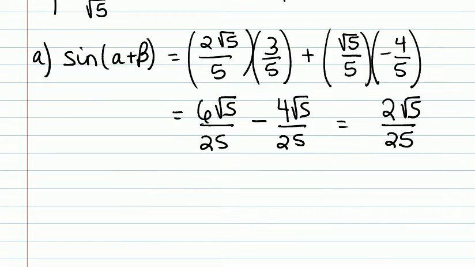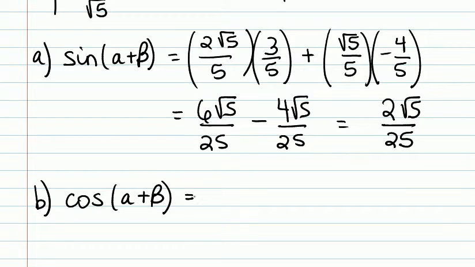Letter B. Letter B is cosine of A plus B. So we're using the same two triangles, but we're using the cosine of A plus B rule.